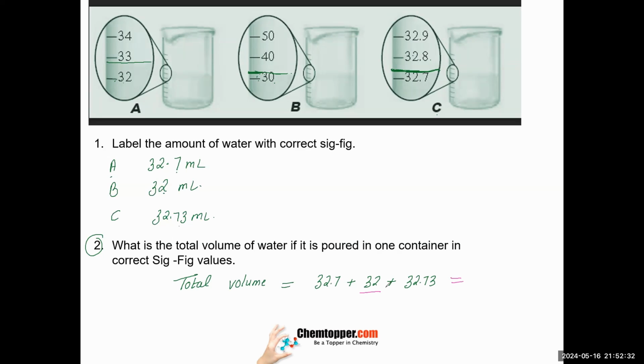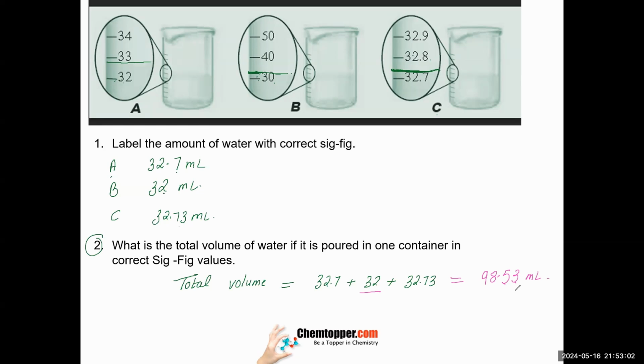Now you can see 32 has no decimal place. So my final answer should not have any decimal place. If I add them like this, I'm getting 98.53 ml. That's the answer which I'm getting.